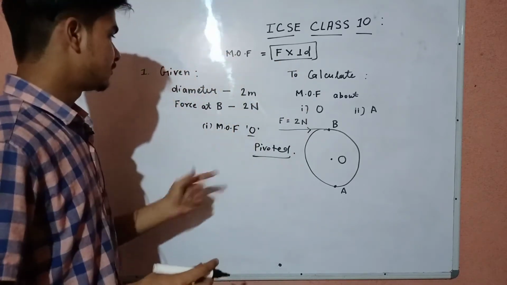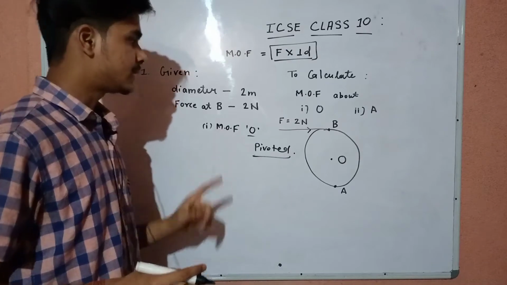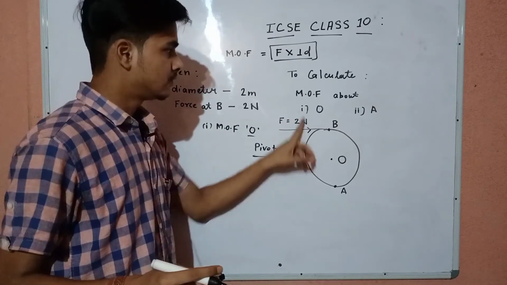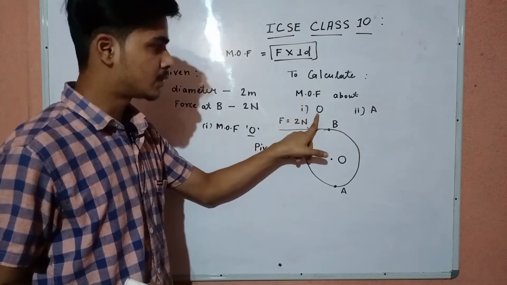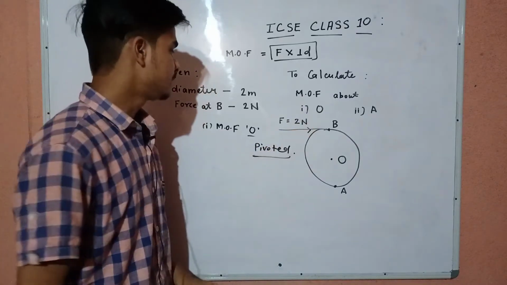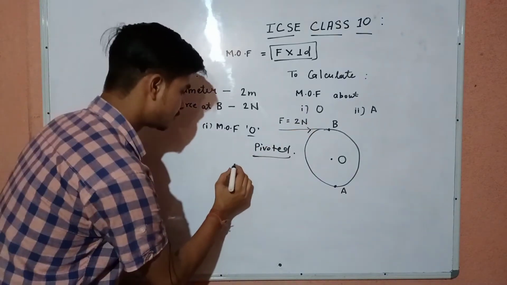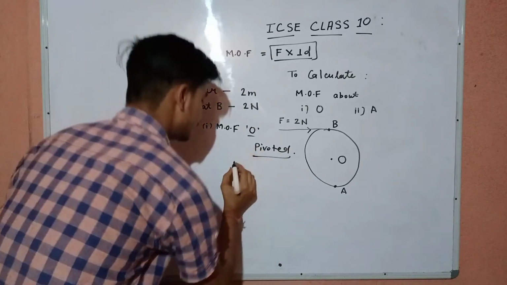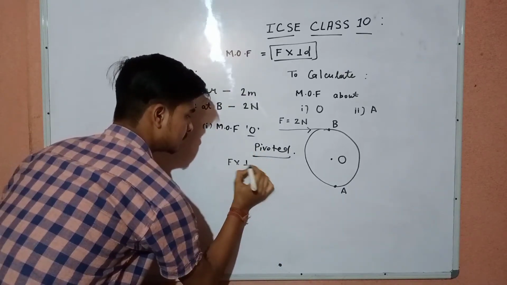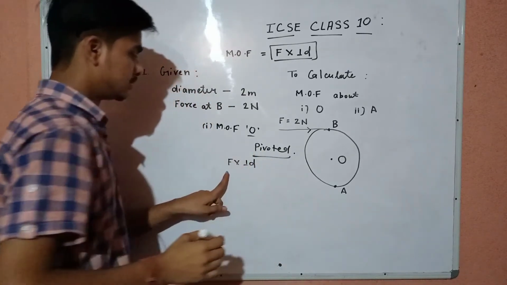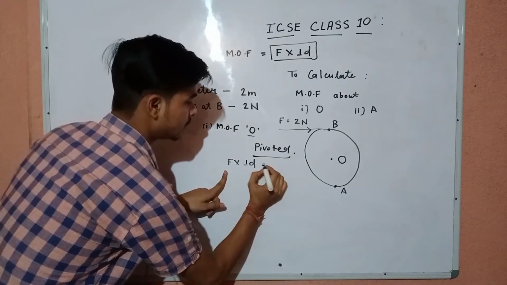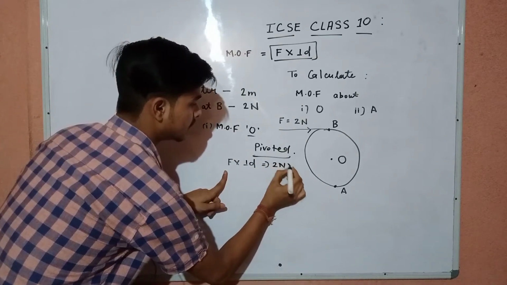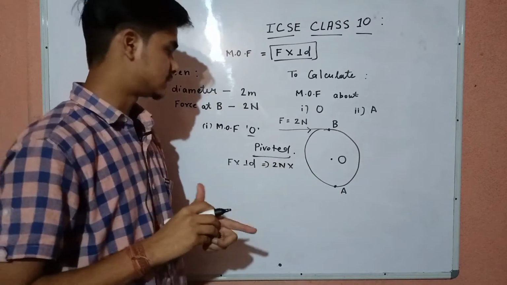So let us calculate the first answer. We need to find moment of force about point O. The formula is force into perpendicular distance. The value for force is 2 Newton. And what is the perpendicular distance?